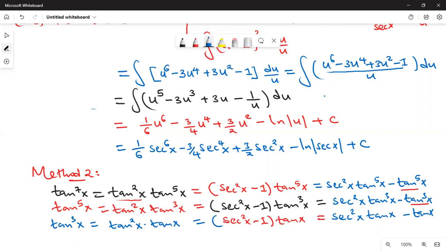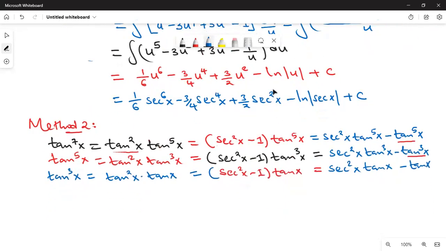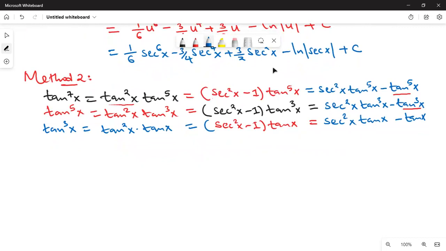So now that we know tan raised to 7 of x, tan raised to 5 of x, and tan raised to 3 of x, we now perform what is called back substitution, so that we go back to where we started. We started with tan raised to 7 of x. Back substitution means that the value you have found as tan cubed x, you substitute here, then the value you have found for tan raised to 5 of x, you substitute here, so that you get tan raised to 7 of x.